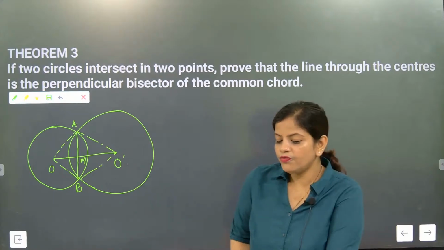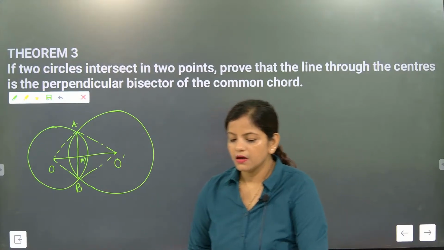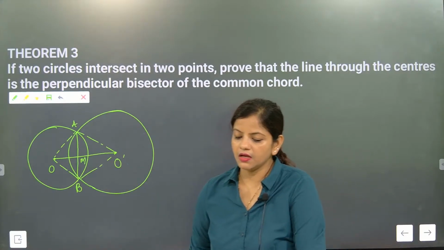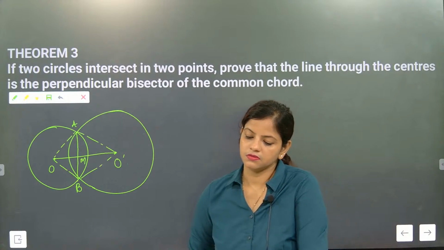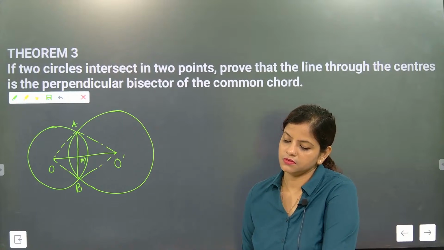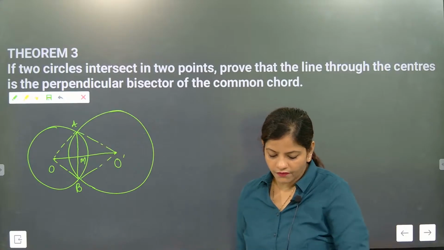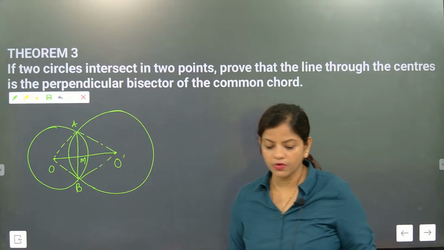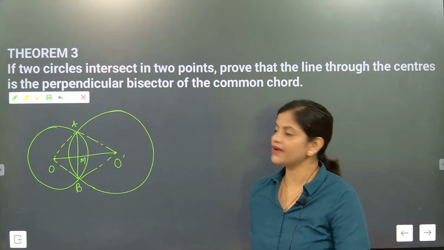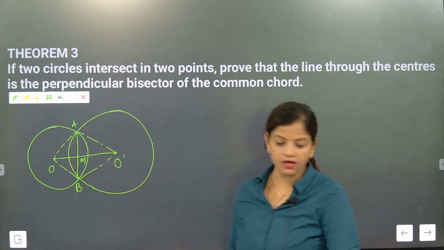Very good, Vita. So we know one thing now. We will do only one thing. We will prove that this triangle and this triangle are congruent.